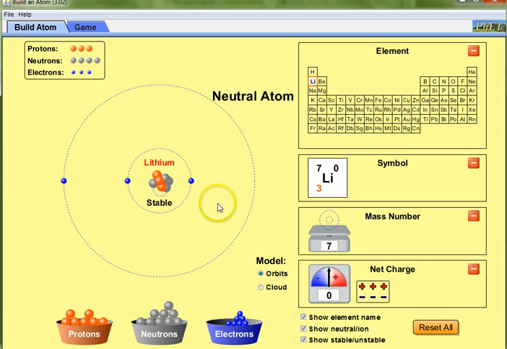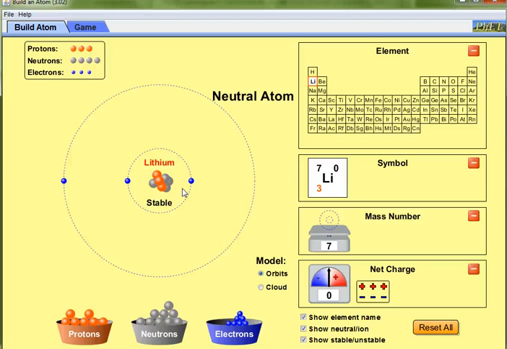This is isotopic lithium. This is actually more stable than lithium 6. Lithium 7 is actually more abundant than lithium 6. The more protons you have, the more neutrons you need for stability. The whole job of the neutrons is to stabilize the nucleus.